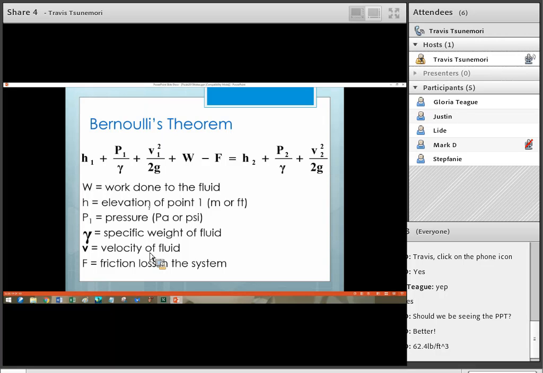So there's the kinetic energy, plus W minus F, and then we do the same thing again for the second point in the system.